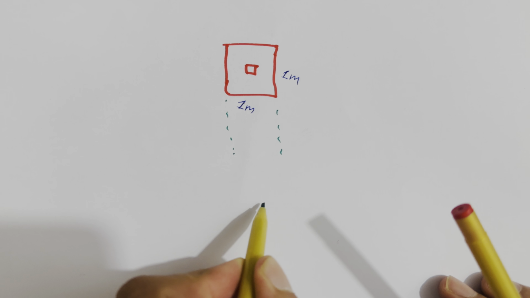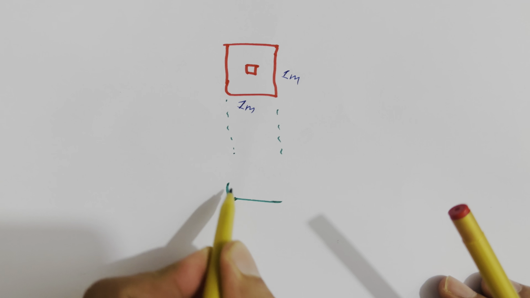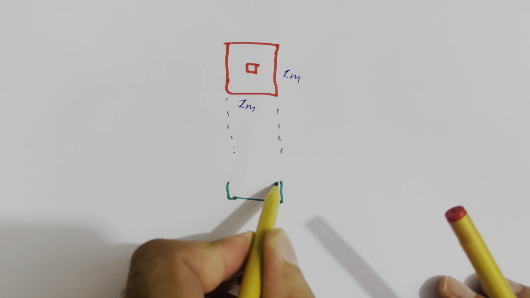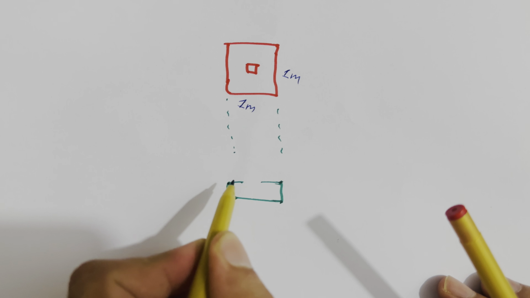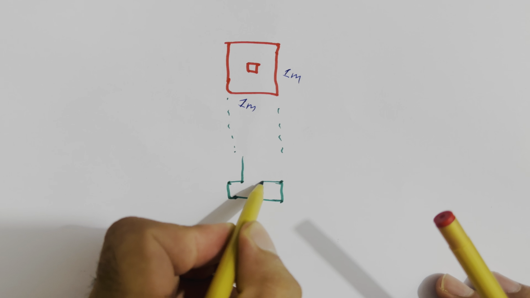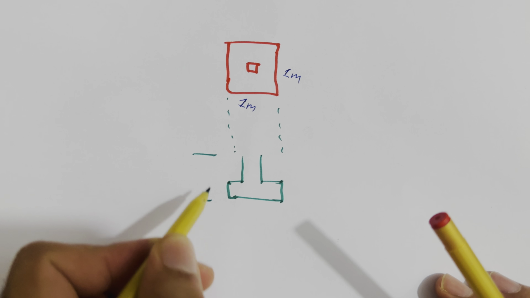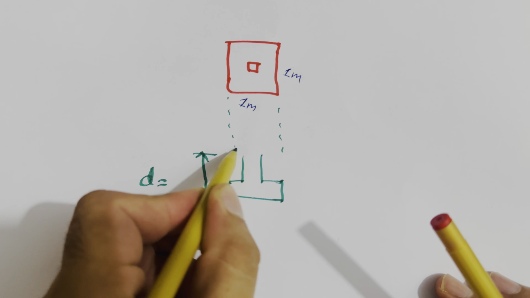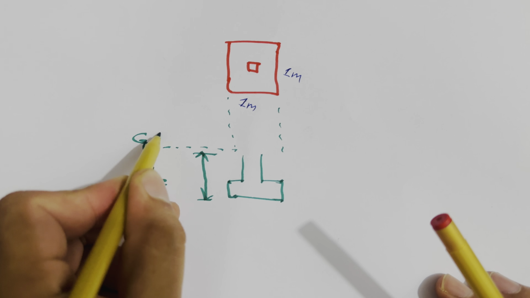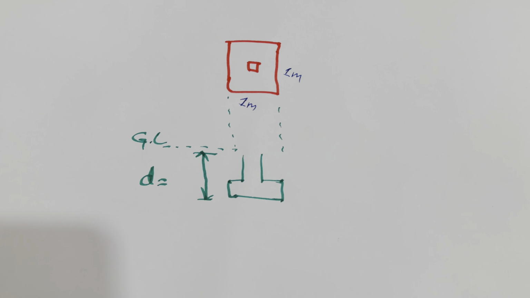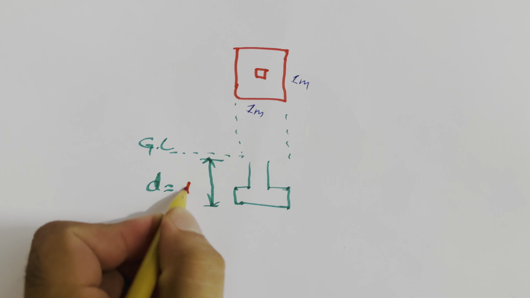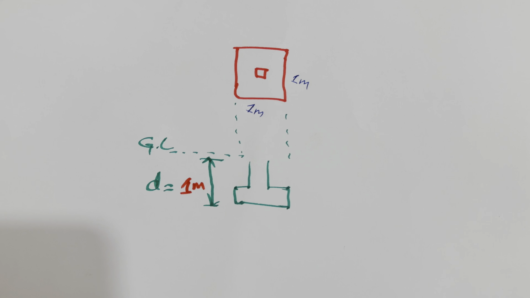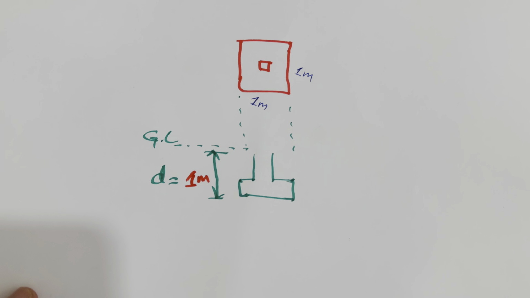This is its footing depth, from the footing bottom to the ground level, GL. So the depth of the footing should not be less than 1 meter.